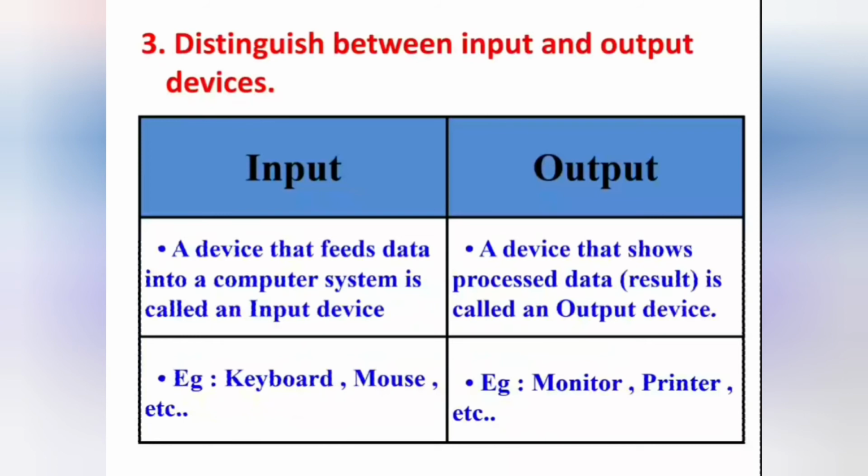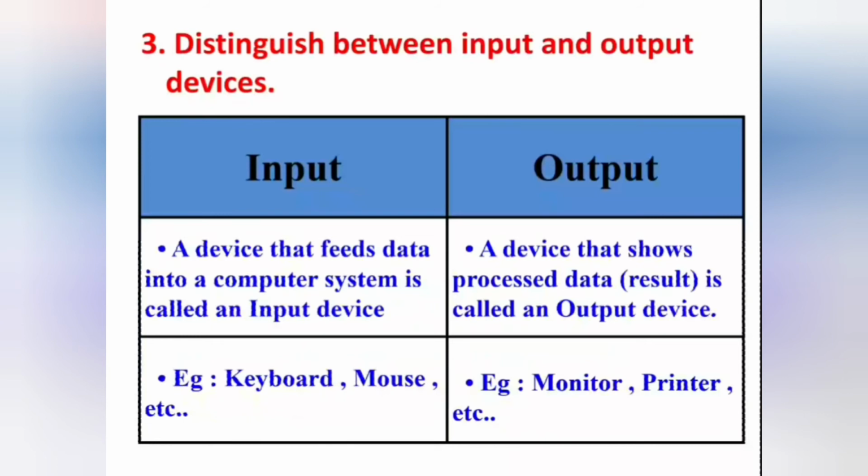For example, the input devices are keyboard, mouse, etc. If we want to give the number 5 to the computer, what should we do?